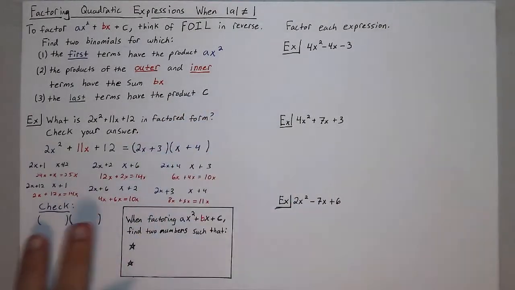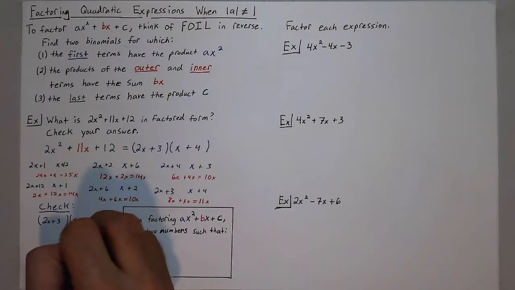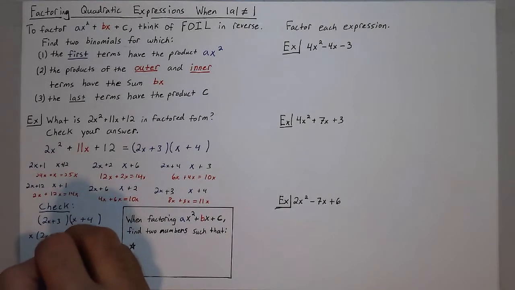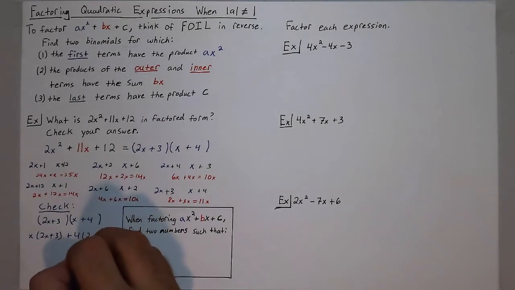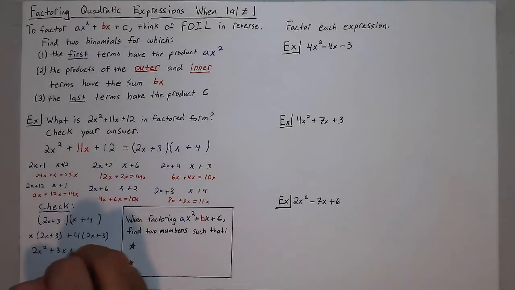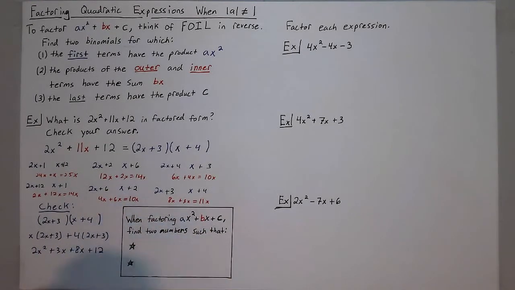And just to double check that this is correct, I'll distribute, so I'll have x times 2x plus 3 plus 4 times 2x plus 3. Distribute the x, I get 2x squared plus 3x plus 8x plus 12, giving me 2x squared plus 11x plus 12, which is what I wanted to factor.